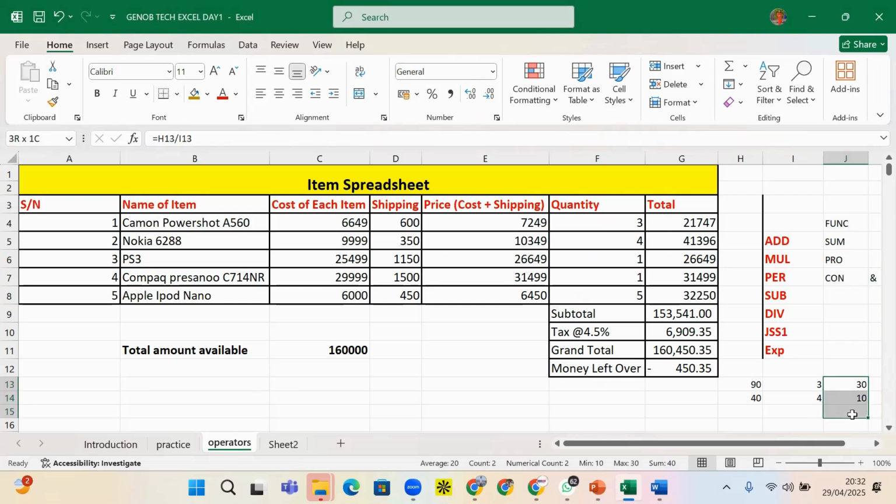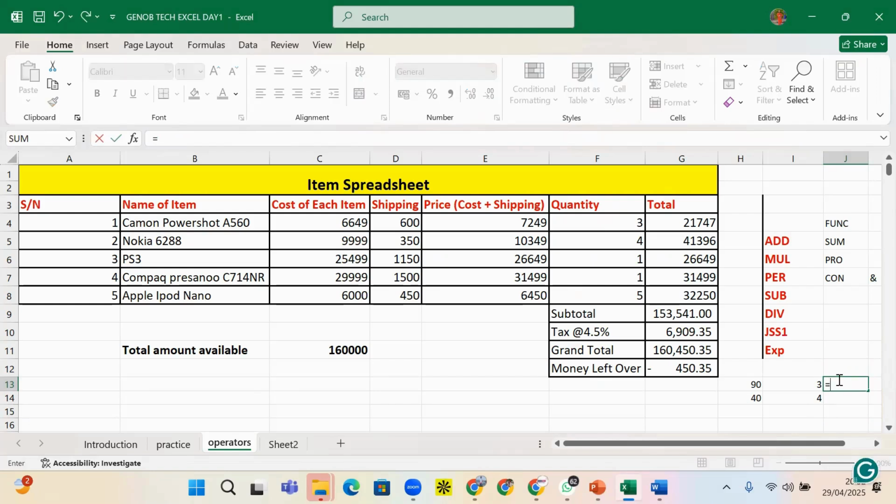So for me to get that, I use the exponent operator, which is this: equal to 4 exponent 3. Remember, we are not using the value, we are referencing the cell. I enter, so that is it for this.